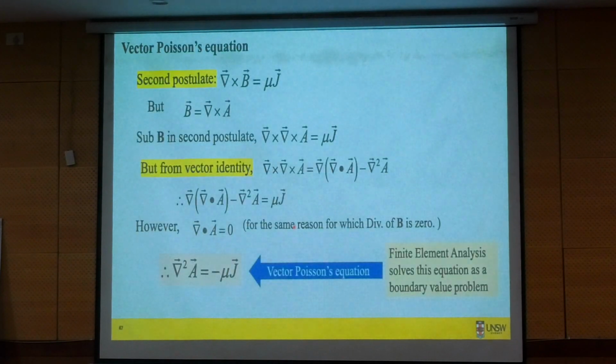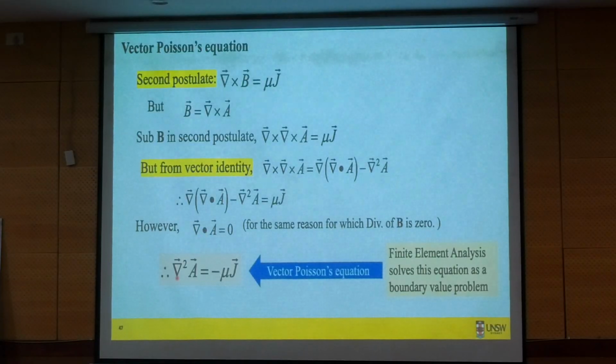Another thing is that using the magnetic vector potential, we can find a second order differential equation known as the vector Poisson's equation.